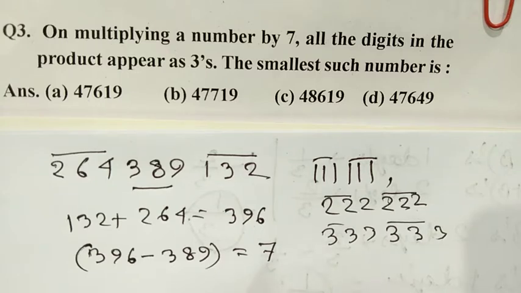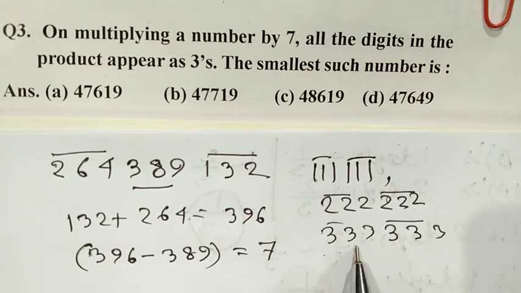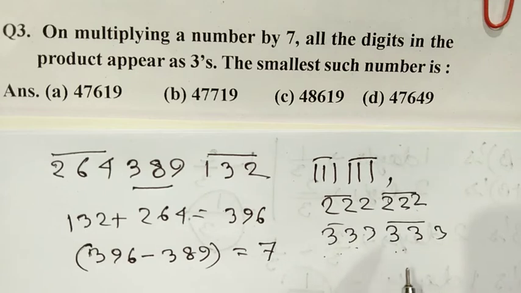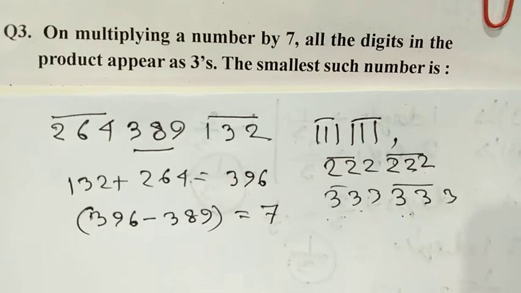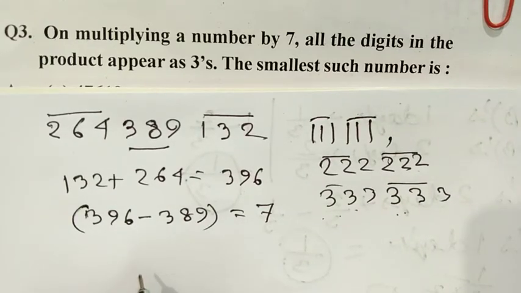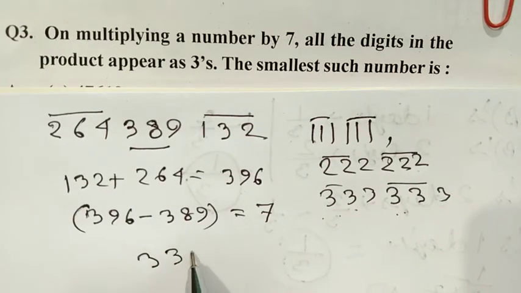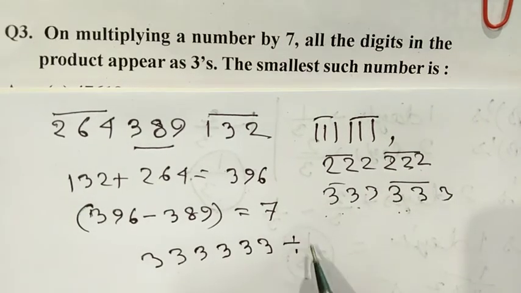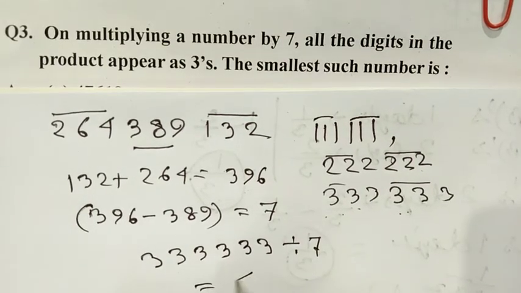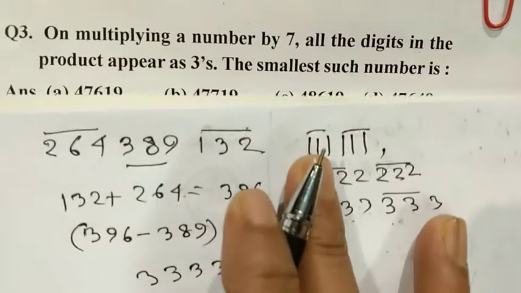So we can say 3, 3, 3, 3, 3, 3 is completely divisible by 7 and all the digits appear the same. Then the answer is 3, 3, 3, 3, 3, 3 by 7 equal to 47619.